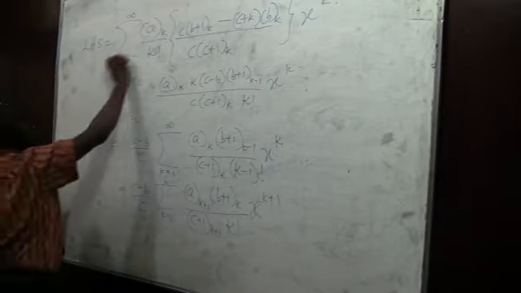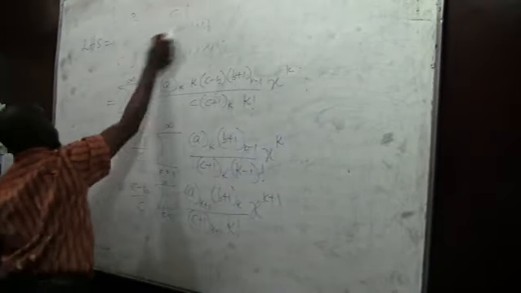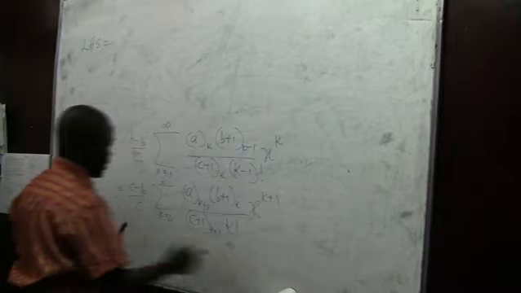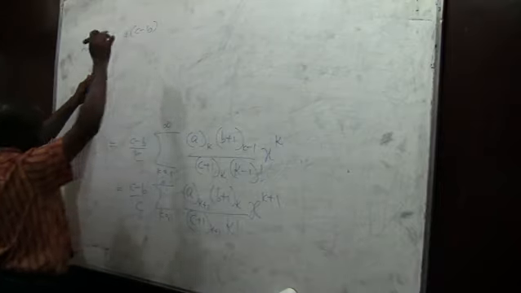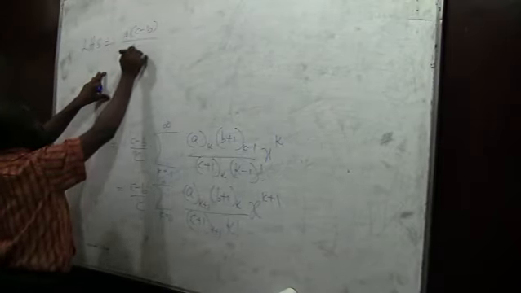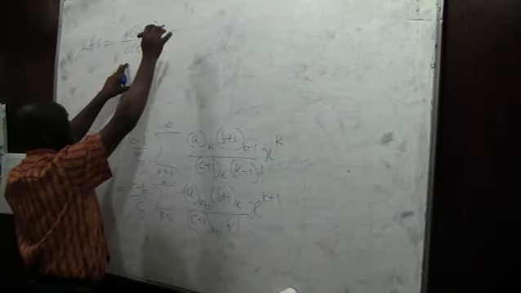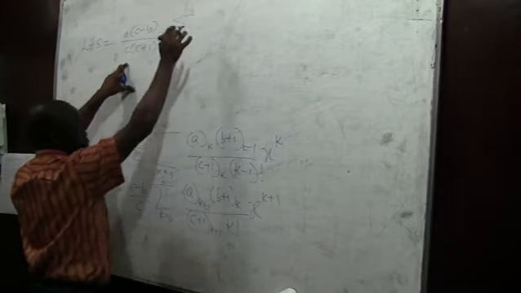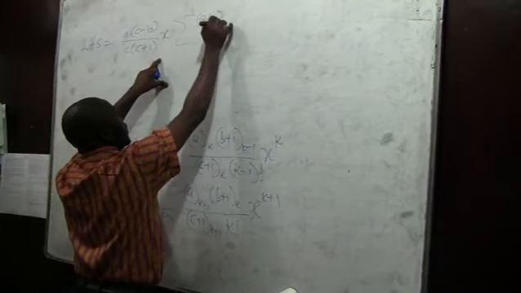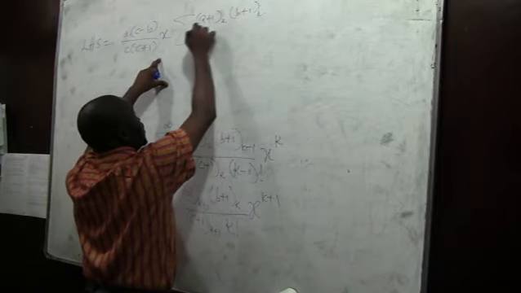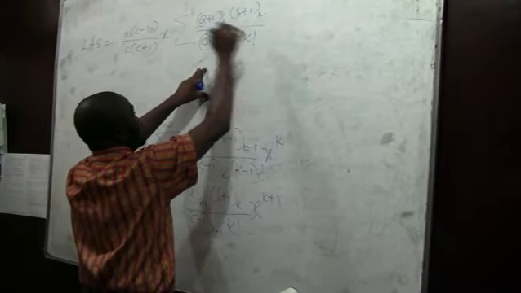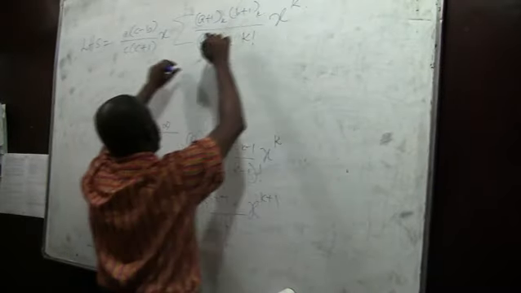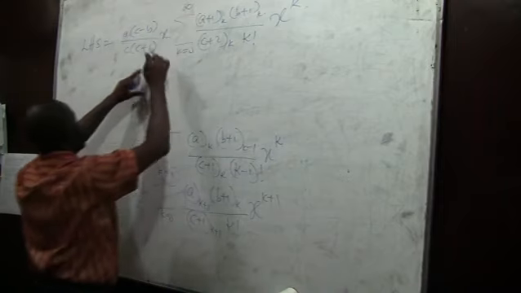In that case, our left hand side becomes a into (c minus b) divided by c into (c+1), then x, summation (a+1) sub k, (b+1) sub k divided by (c+2) sub k, k factorial, x raised to power k, k from 0 to infinity.